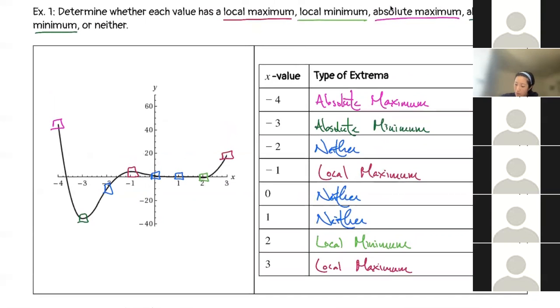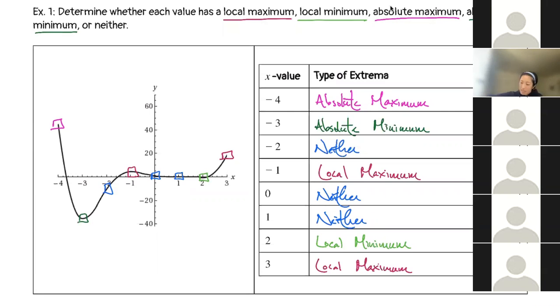And so I think with this particular graph, we're able to sort of clarify the differences and similarities between absolute and local and minimum and maximum, and sometimes they're just not that special. Okay. Are there any questions about example number 1? Not at the moment. Great.